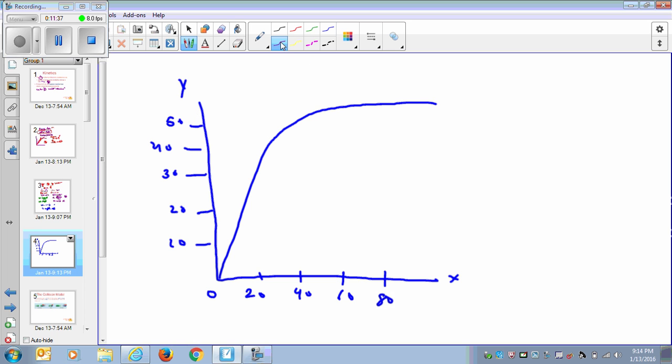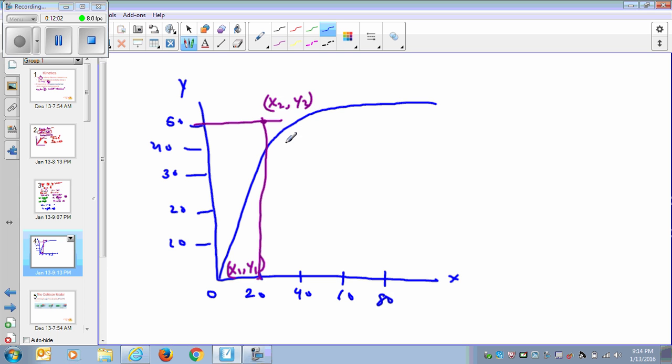So now to calculate the initial rate, this is my initial concentration. So this is x1, y1, okay? And then let's assume that I want to calculate it at x2. So my x2 and y2. So let's look at the values of x2 and y2.